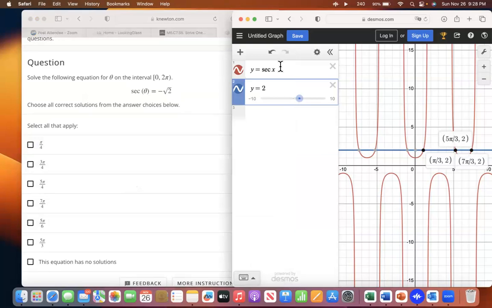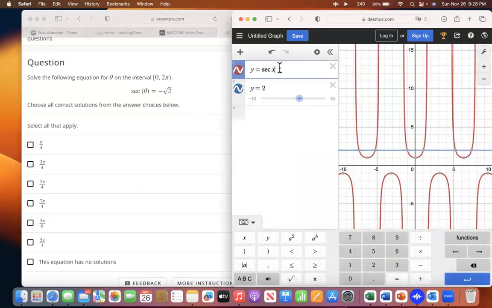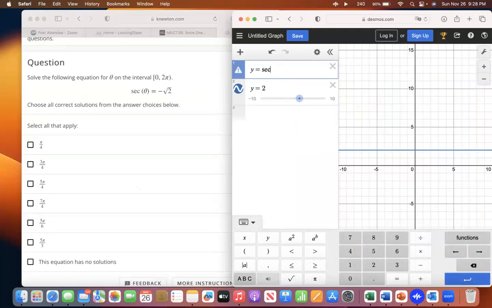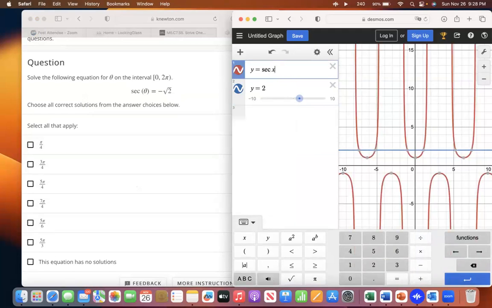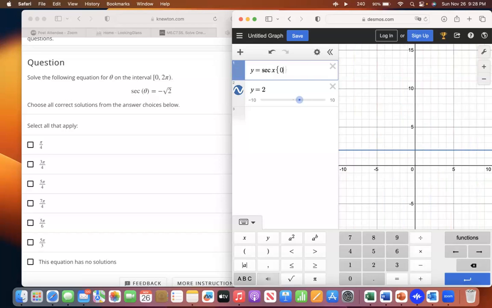All you gotta do is change that. So this is where you'd use those curly braces again. 0 less than or equal to x inside the curly brace, to 2 pi. So y would equal secant of x, you see, that was fine. And then curly brace, 0 less than or equal to x less than 2 pi.